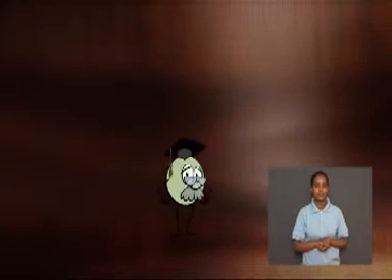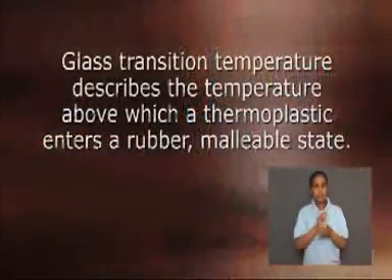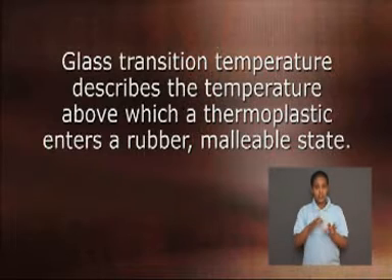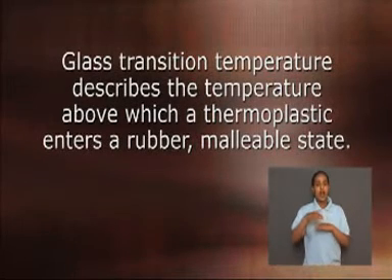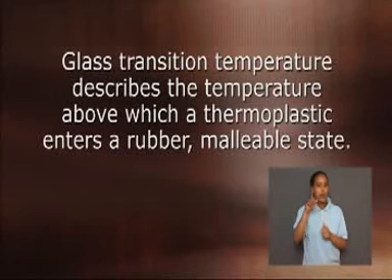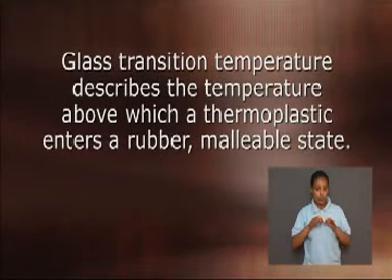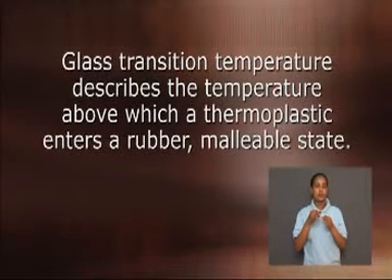Time's up! Let's get back to our lesson. Welcome back, students. How did you manage with this exercise? The glass transition temperature describes the temperature above which a thermoplastic goes from a brittle to a rubbery state.